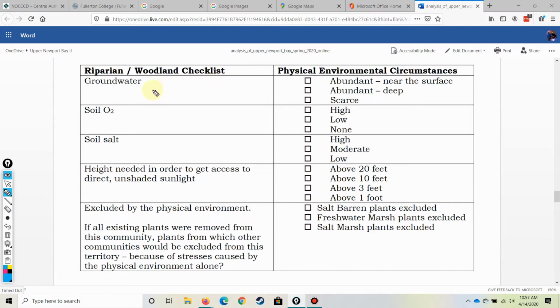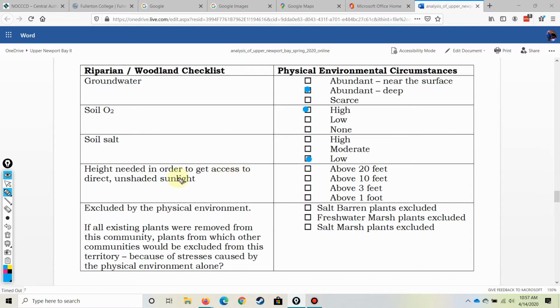Remember the plants in the riparian woodland were trees up to 30 feet tall, very different species of trees we talked about, and then tall shrubs. The groundwater for the riparian woodland is abundant but deep. The soil O2 was high, but the soil salt was very low.